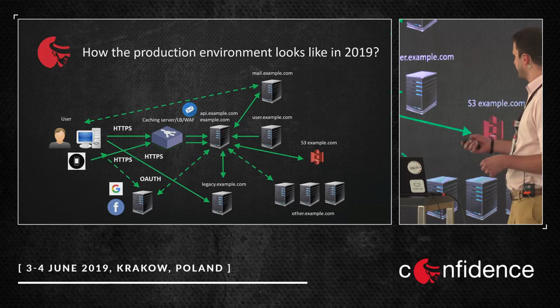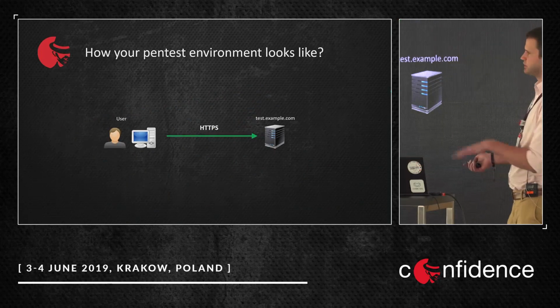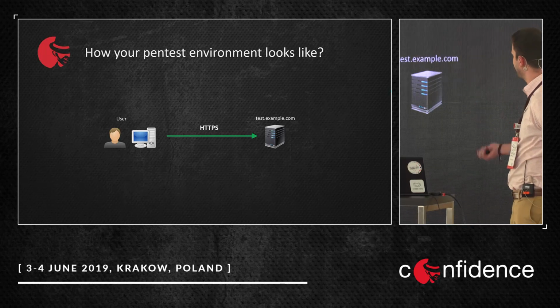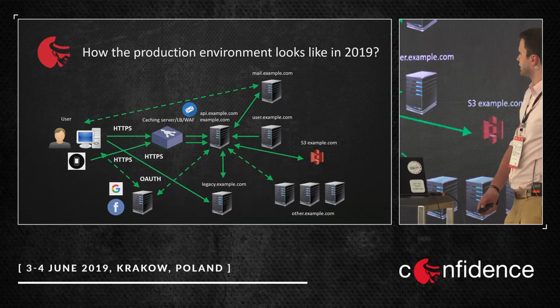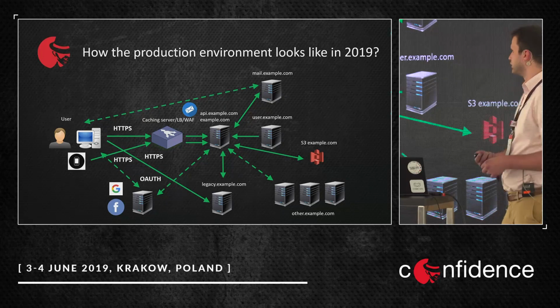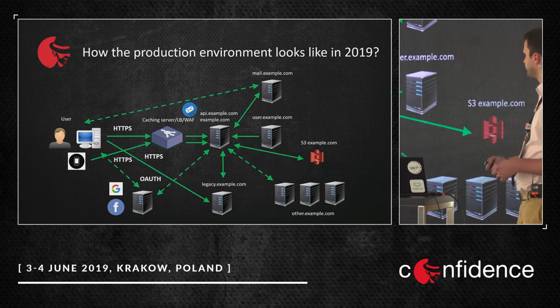So as you can see, there is this challenge: pen testers get limited information, while the system looks like this. You have a lot of components which theoretically are in scope and which theoretically may have some impact on the application that you are testing.